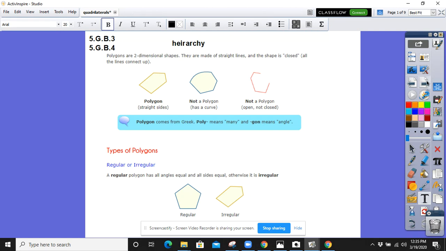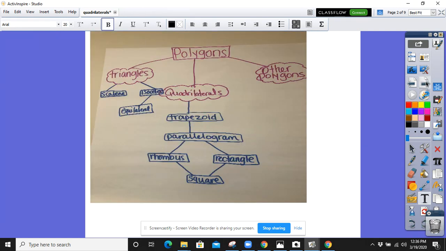So we are going to focus on this little family tree. This would be maybe a good time to pause the video and copy this family tree down, or take a picture of it. We're going to focus right here for right now, this line of the family tree. Notice that the family tree starts with polygons. You could say the polygons are like the main parents or the grandparents.